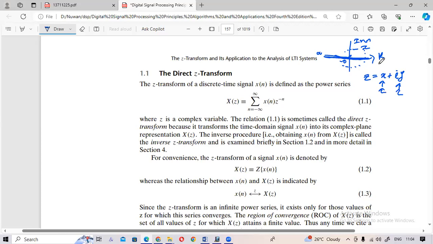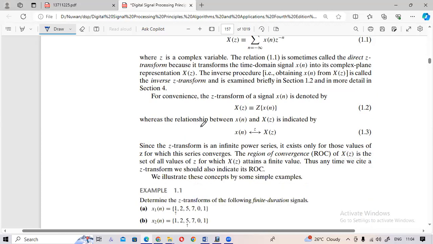If we get the Z transform of a time sequence, then it will become a Z domain signal, a complex domain signal.